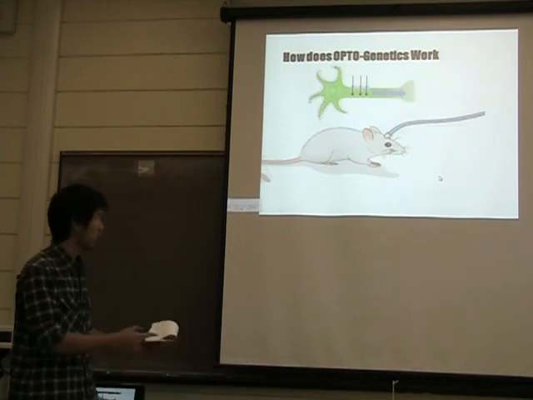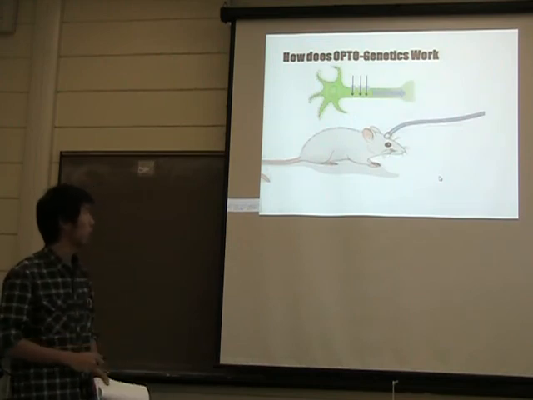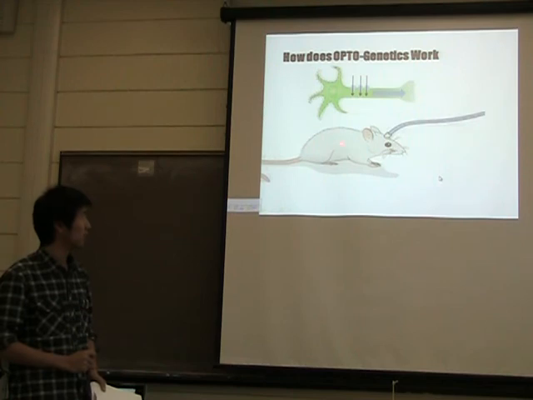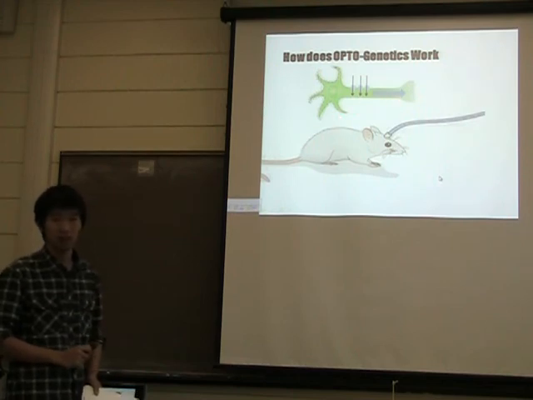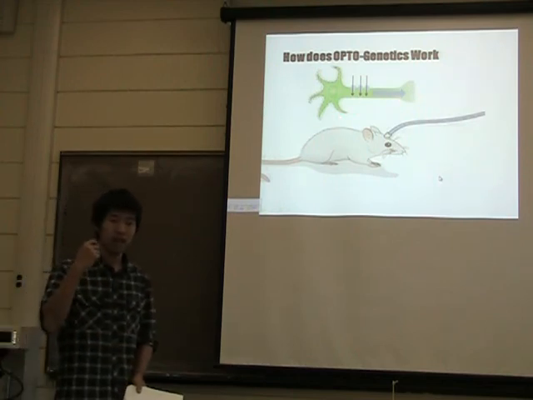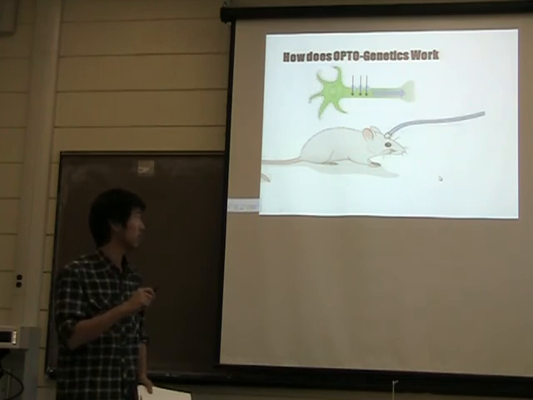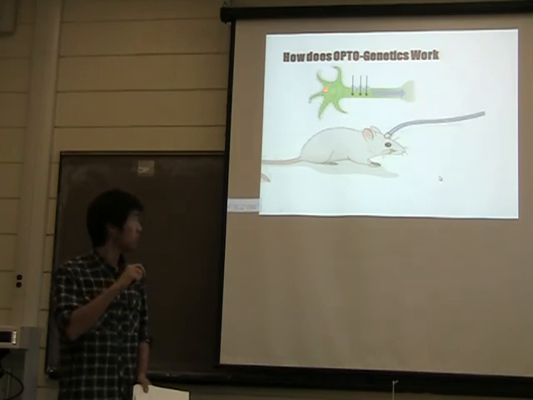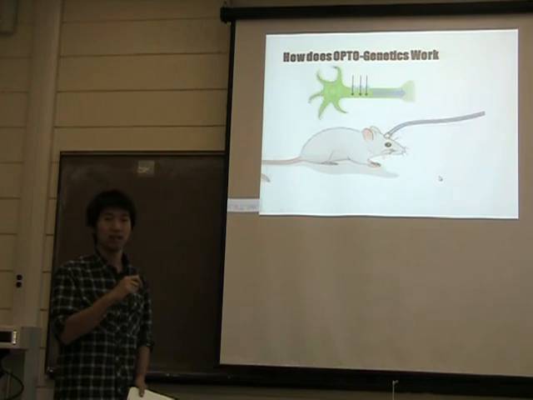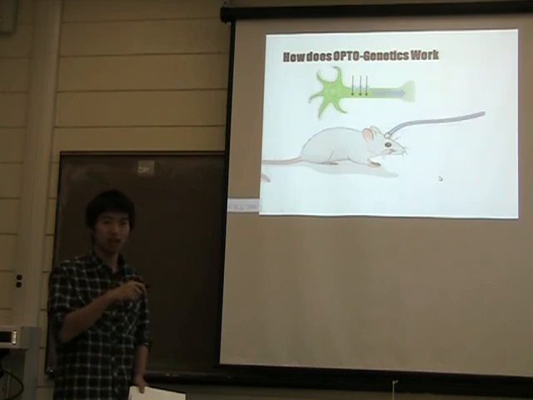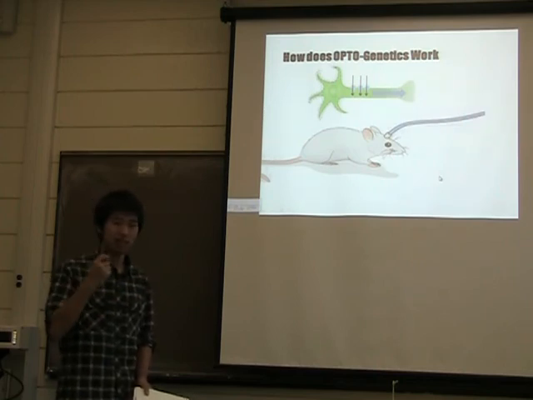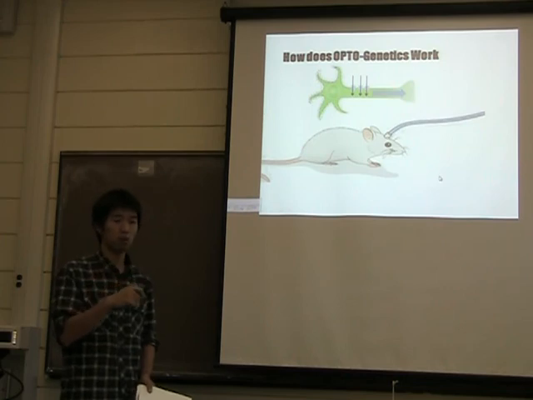Yeah. Actually, what we can do with optogenetics is to mimic neuron activity. The influx of sodium or other cations is just like the excitation process of normal cells.